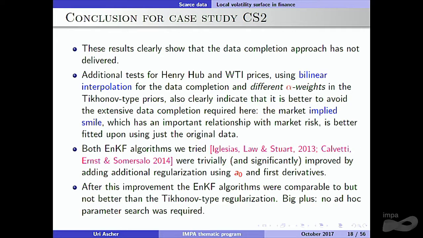The other thing is, once they were fixed, they were not better than the Tikhonov. They're supposed to be better somehow, but they were not better. And I believe that this is because the data is scarce. I think that these methods would be better because they involve more sophisticated statistics, when you have lots of data, when you have enough data for this to make the difference.